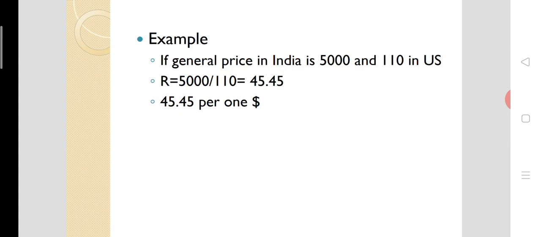So, if general price level in India is 5,000 and it is 110 in the United States, then India's exchange rate in terms of US dollar is equal to 5,000 by 110. 5,000 is India's general price level, that is P by P star is 110, then it is 45.45. That means 1 US dollar is equal to 45.45, depending on the price level of 5,000 in India and 110 in the United States.